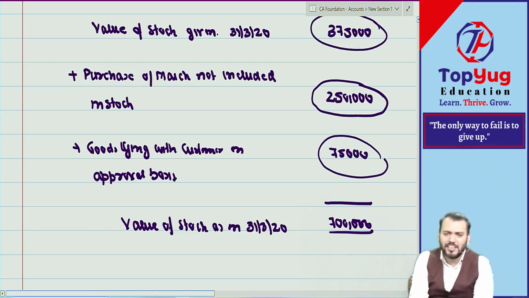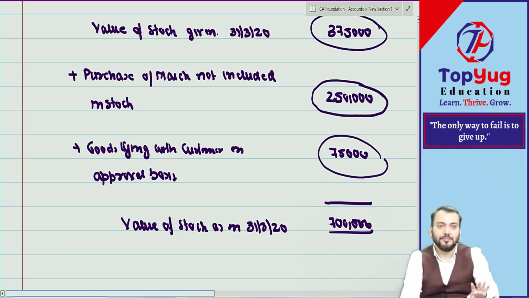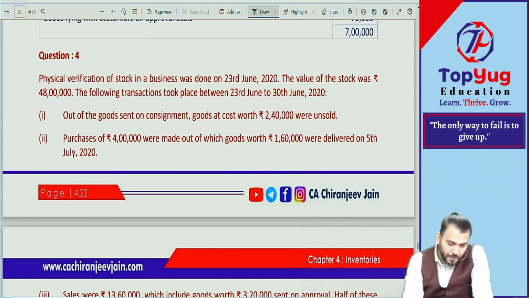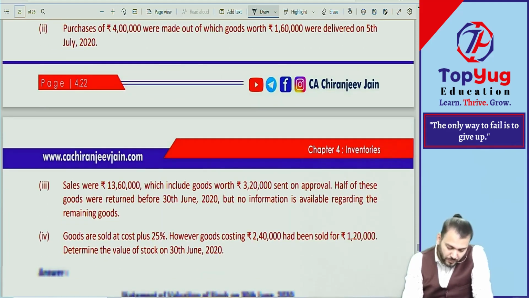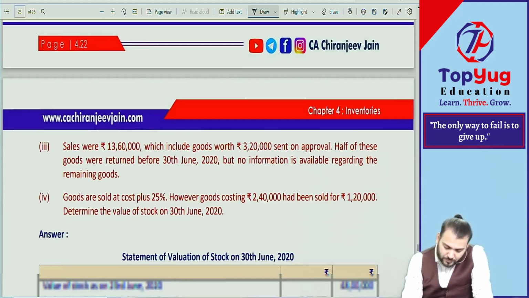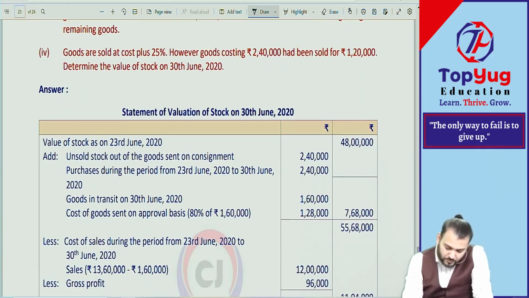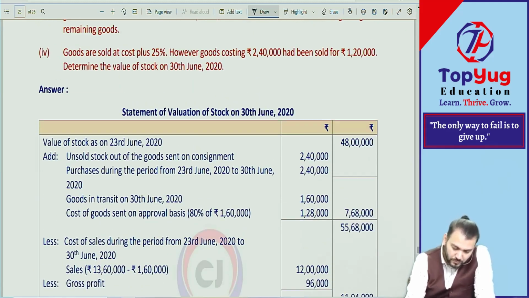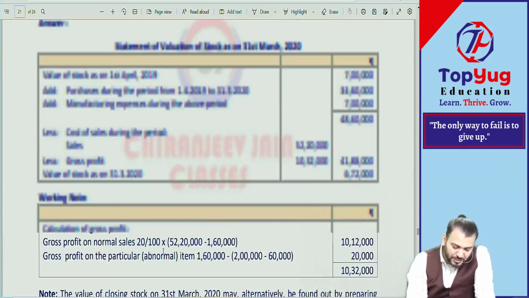Write down for your understanding: value of physical stock is this plus this. Have you understood this point?